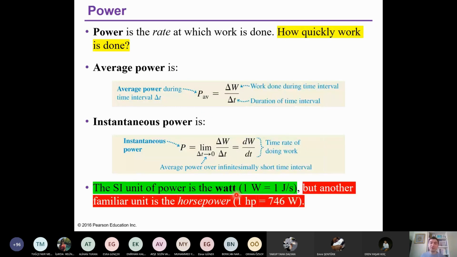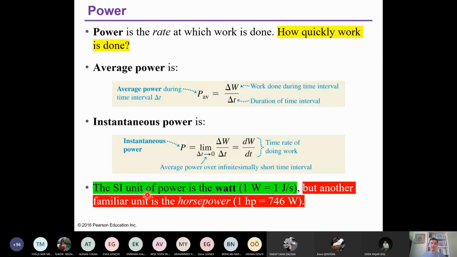Another unit of power is horsepower, in Turkish beygir gücü. 1 horsepower is equal to 746 watt. For example, the power of a car is given in horsepower in conventional cars, but in electric cars, usually watt is used to express the power, kilowatt or megawatt.